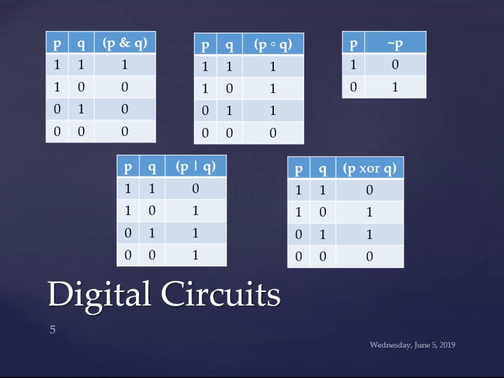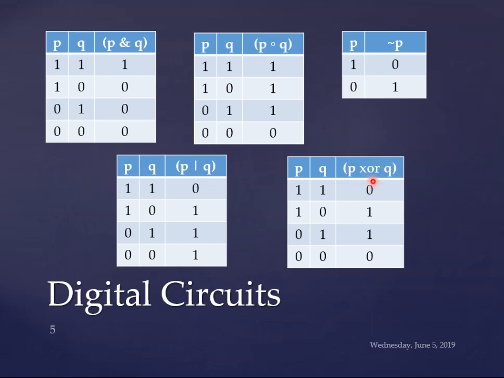The other thing we give ourselves is an exclusive OR. In TFL, we got by with just an inclusive OR, and then used conjunctions and negations to do our work. In digital circuitry, that ends up making things more complicated. So digital circuitry designers have given themselves a connective. I don't have a fancy symbol for you.